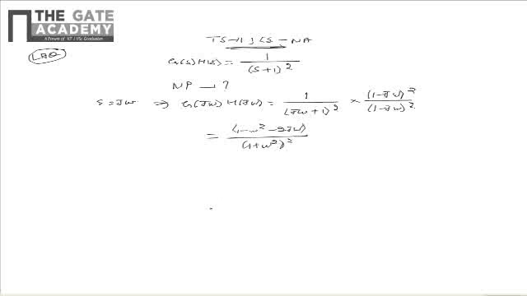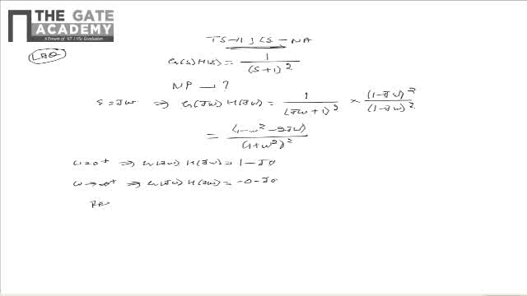So from this we can say that at ω = 0+, G(jω)H(jω) = 1 - j0, and as ω tends to infinity+, we can say that G(jω)H(jω) = -0 - j0.